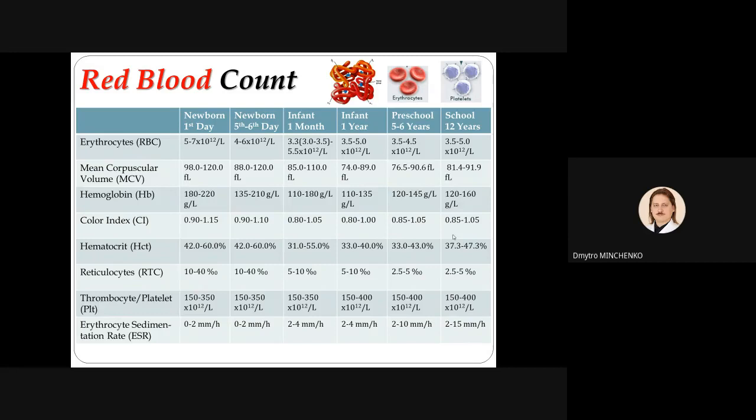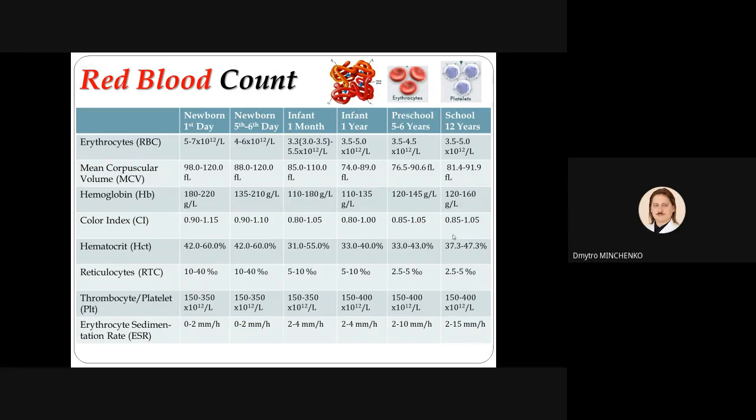The numbers starting with the age of 1 pretty much stabilize and remain more or less the same for the rest of the ages. Mean corpuscular volume, MCV, is the volume of the erythrocyte, which begins with usually slightly larger erythrocytes because they're tightly packed with fetal hemoglobin.